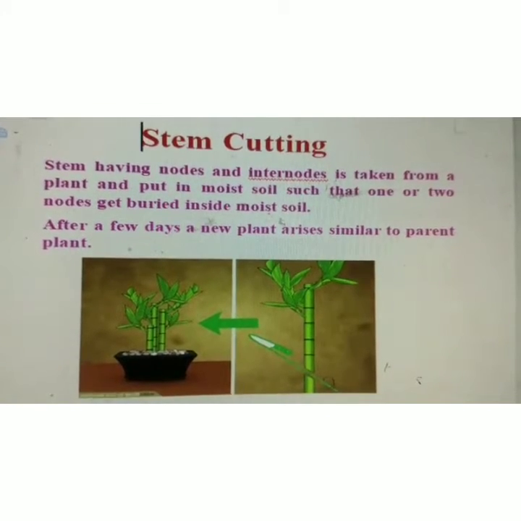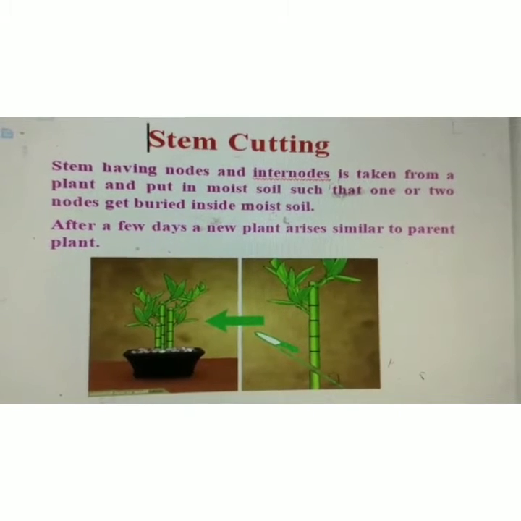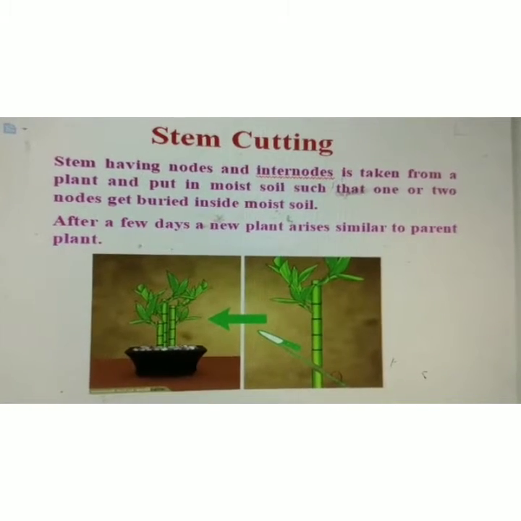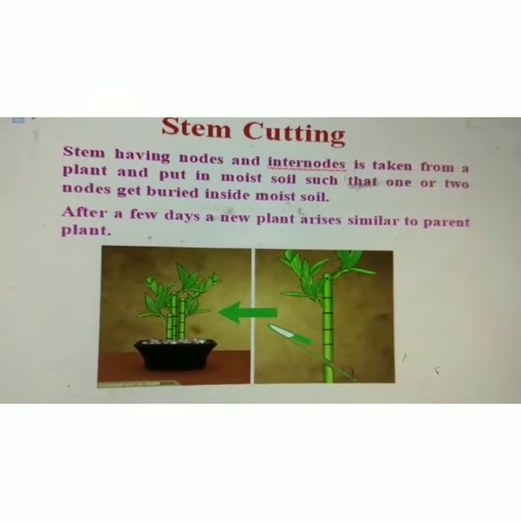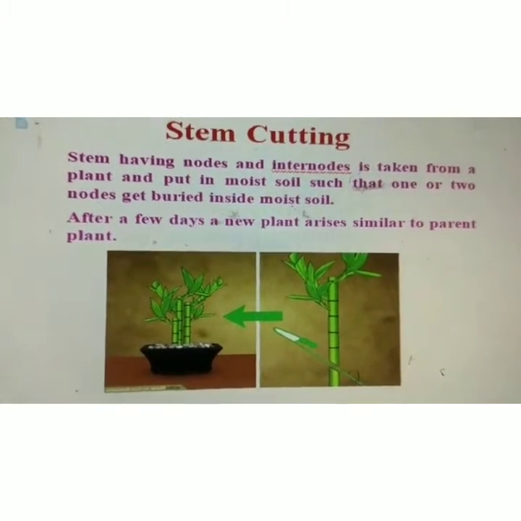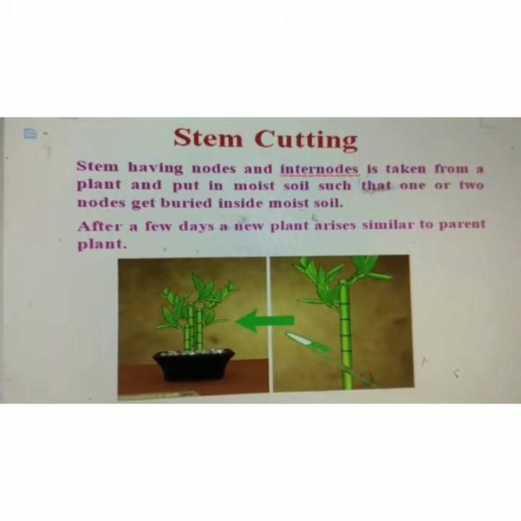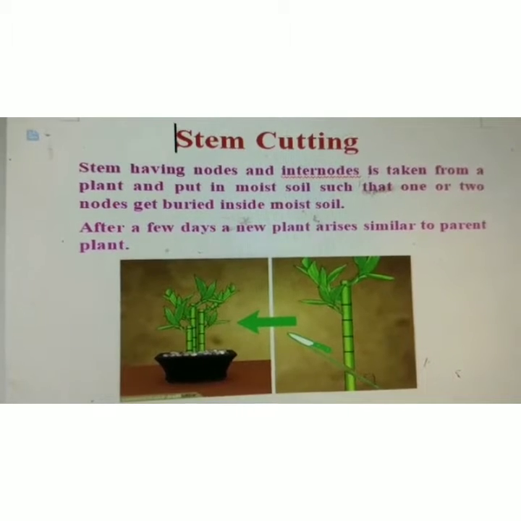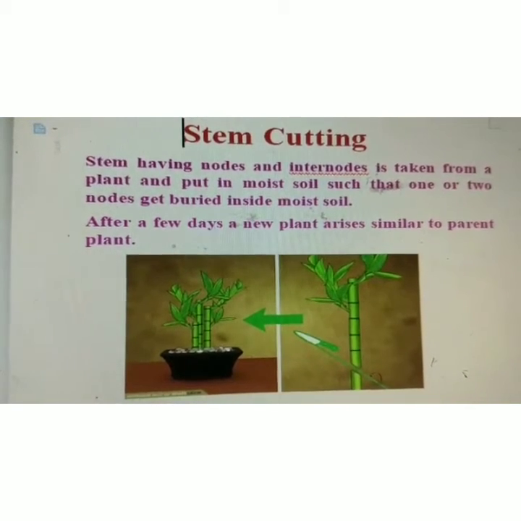Stem cutting. Stems of plants having nodes and internodes are cut and taken from a plant, and then they are put in moist soil such that one or two nodes of that stem get buried or remain inside the moist soil.